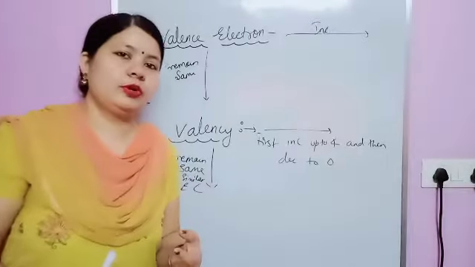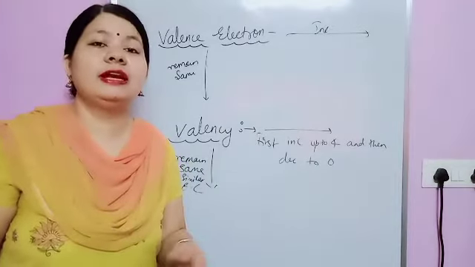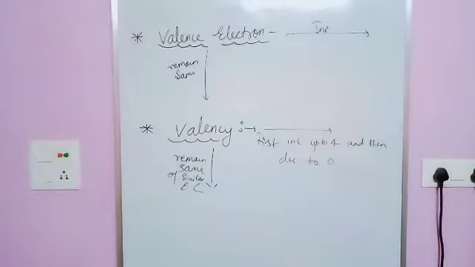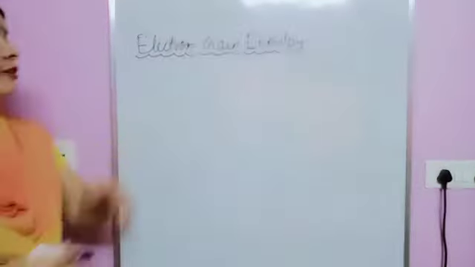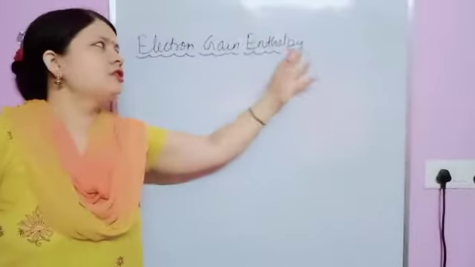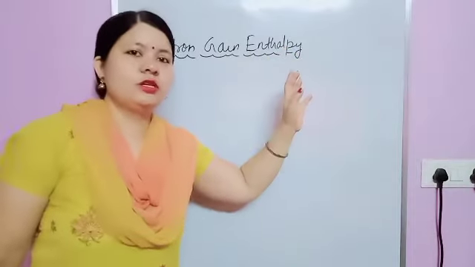Now the next topic we have is the next trend, that property, electron gain enthalpy, and that is very important. Okay, class, the next property is electron gain enthalpy. I am using the word enthalpy because this word is new for you.